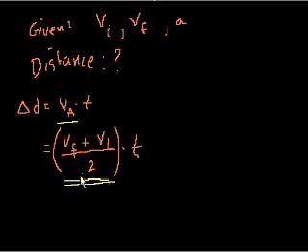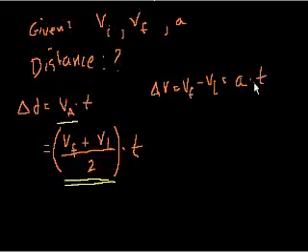Well, what's the time? You can figure out the time by saying, we know how fast we're accelerating, and we know the initial and final velocity, so we can figure out how long we had to accelerate to get that change in velocity. Or a simpler way of saying that is: change in velocity, which is the final velocity minus the initial velocity, is equal to acceleration times time.